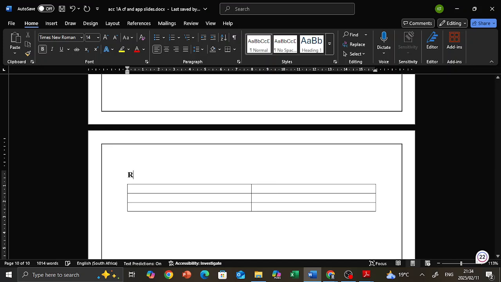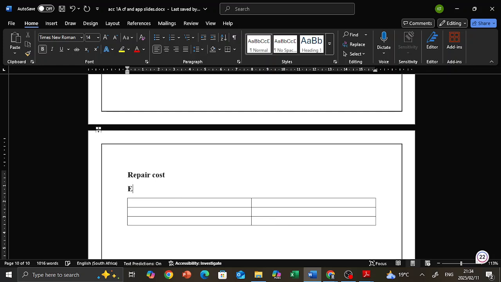Repair costs. Element, expense. So this is how you would apply a definition of an element of profit or loss.